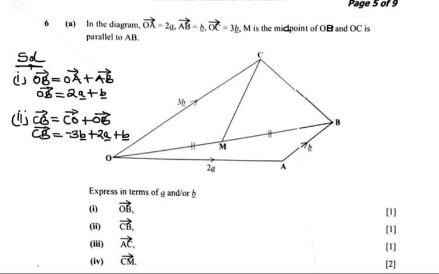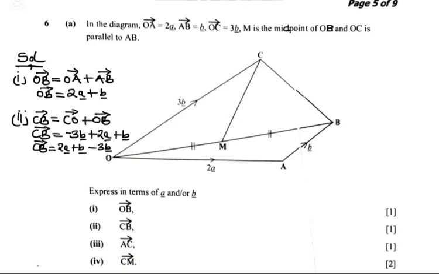So here we can collect like terms in terms of vectors. So this is going to be CB vector equal to, we will start with 2A vector, then we can write plus B vector, then minus 3B vector.